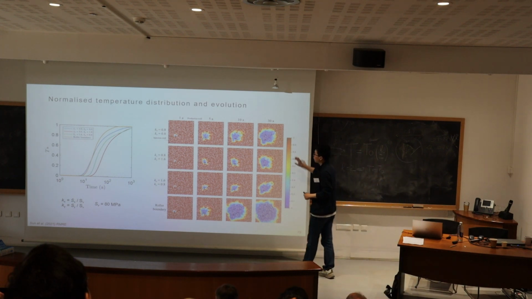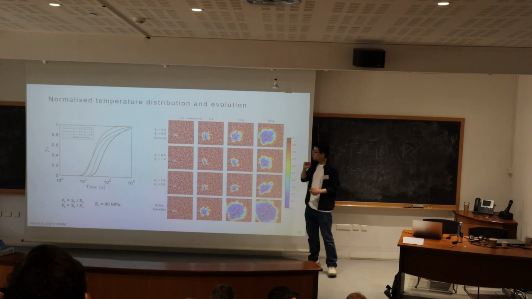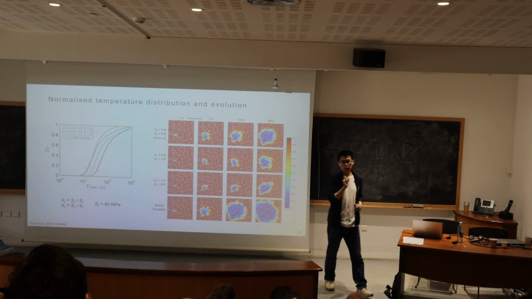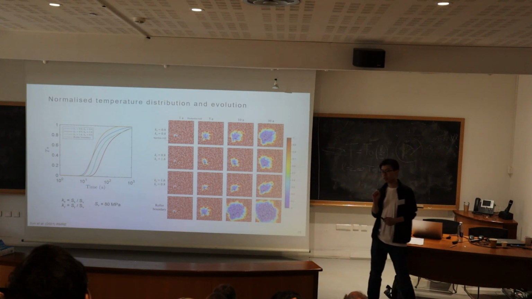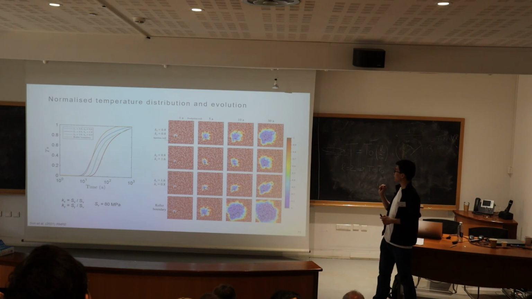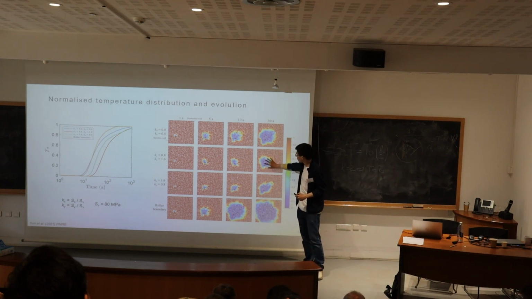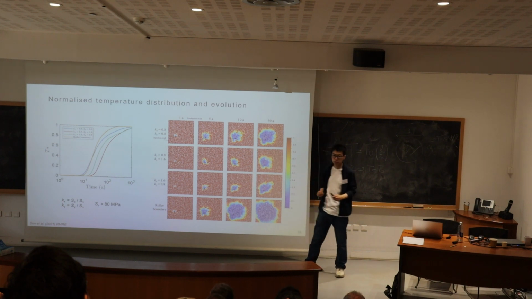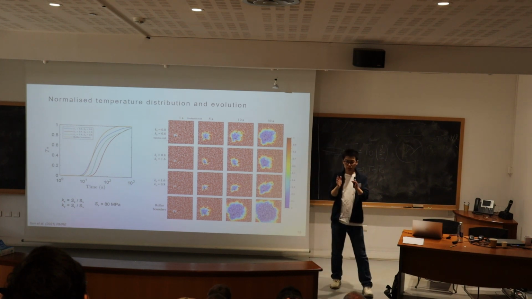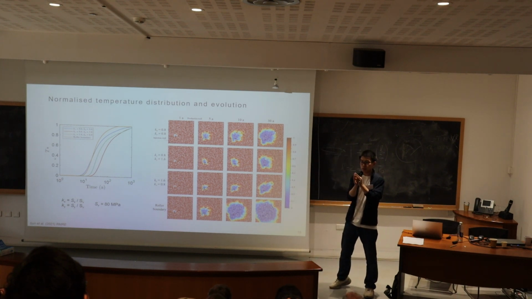And in this simulation, we could also capture the important thermal expansion effect. So when the thermal front propagates in the rock mass, some of the fractures will have reduced normal stress.